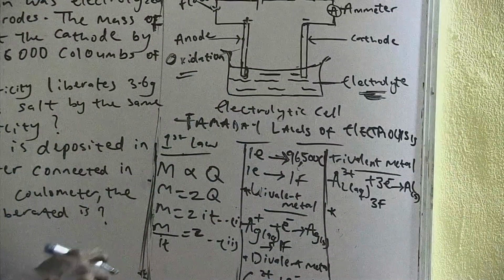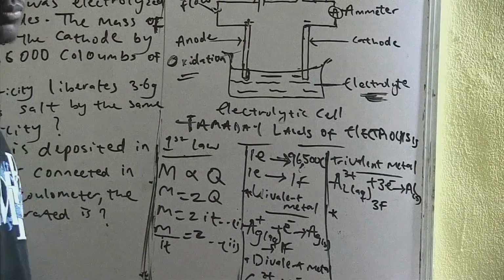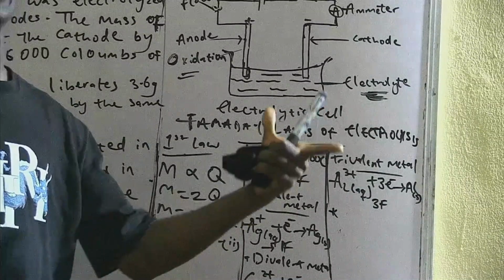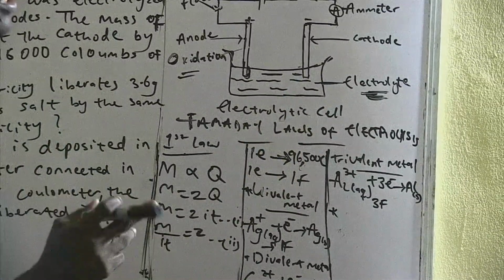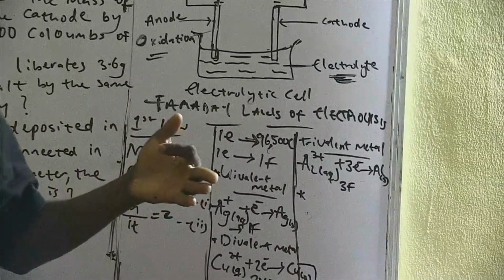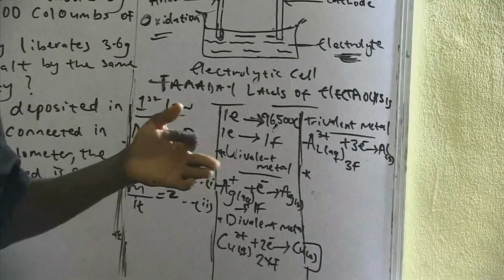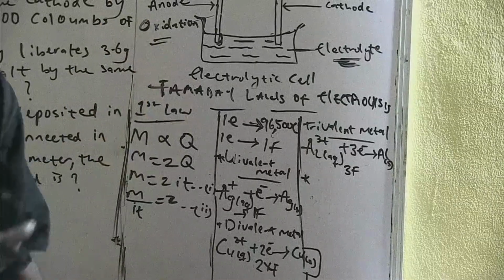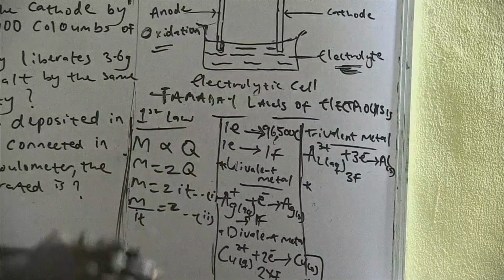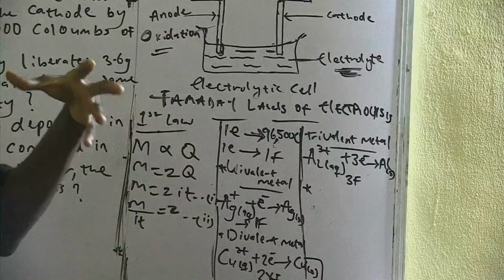There's another thing I want us to note, still on that first law. I want to link the relationship between the molar mass, the mass, the charge, and the Faraday, to bring everything together as an equation that you can always use.